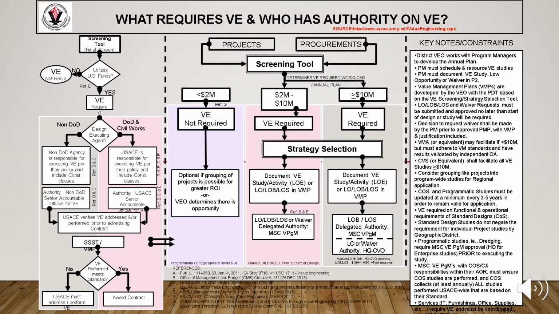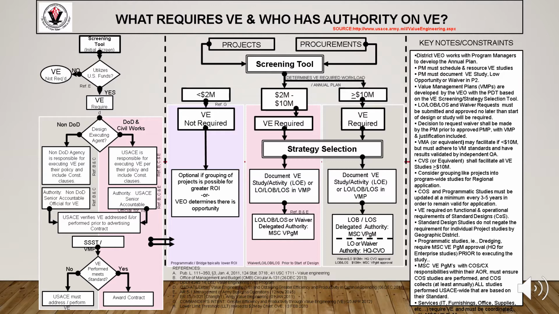Now, to see where value engineering is implemented in the real world, I want you to take a look at this slide here from the Army Corps of Engineers. Now, the Army Corps of Engineers standard, and this is not rigid, but it is for you to observe, there's 3 different options and 3 different pathways for projects and procurements within the Army Corps of Engineers.